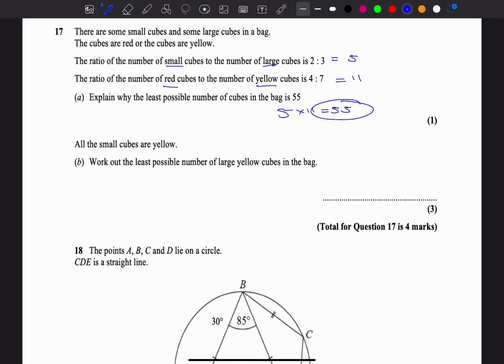All the small cubes are yellow. Cool. That means you would like to know the largest number of the large yellow cubes.